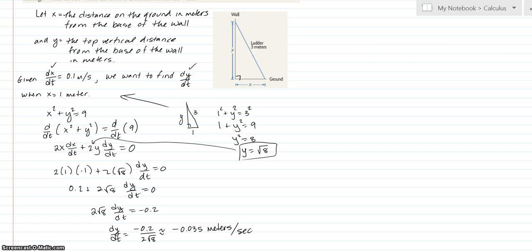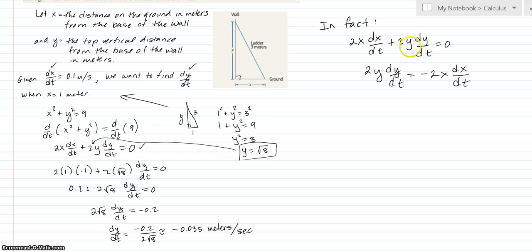In fact, if we look at this equation, we can solve for dy/dt by subtracting this term and then dividing both sides by 2y, and the 2's cancel.